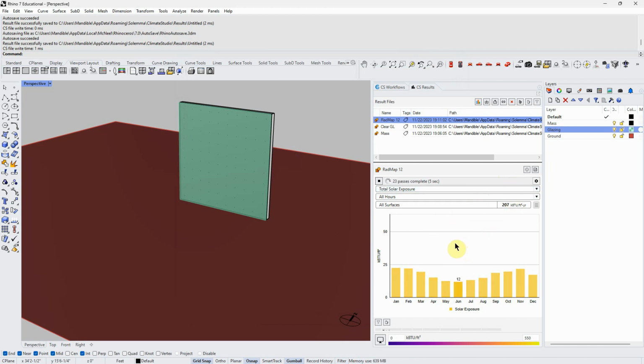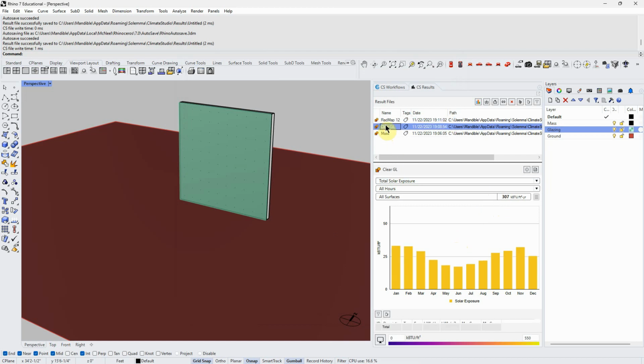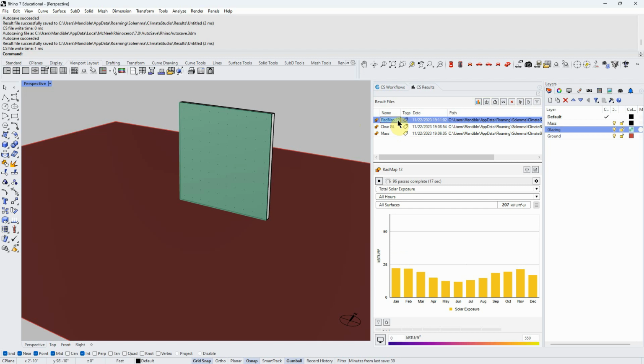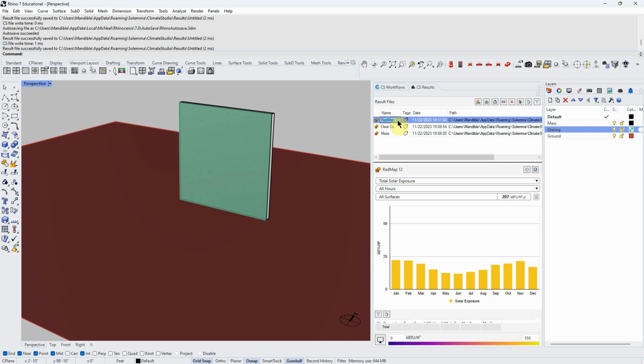So we're getting 307. I'll just say it was a U of 0.14 and an SHGC of 0.52, I think.